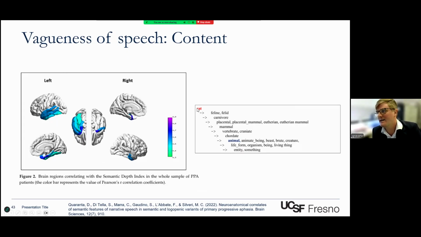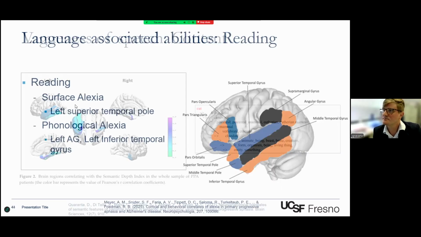For example, cat would be a very specific naming phenomenon, spontaneously, but you could be very vague, say that something is doing something, right? It's super vague. And so the more vague answers are likely related to the dysfunction of left temporal processes in typically lateralized individuals.